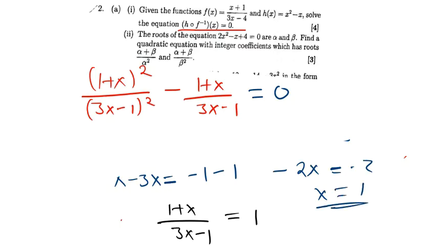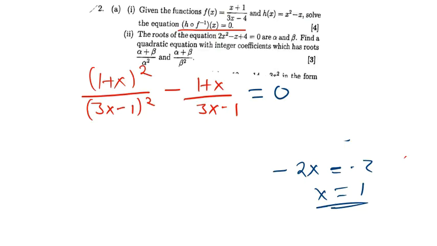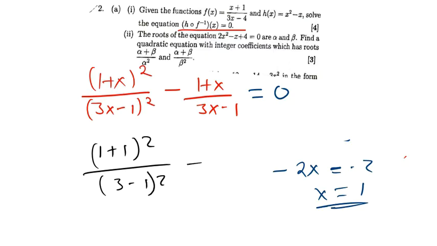So how true is that? Is it true? Let's say our x is equal to 1 and we plug it into what we're having there. That would be 1 plus 1 squared over 3 minus 1 squared minus 1 plus 1 over 3 minus 1. Would that give us 0?